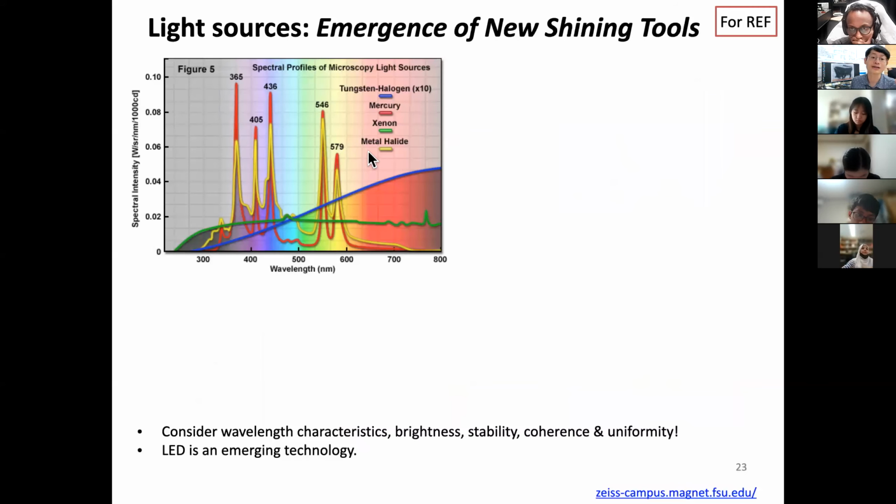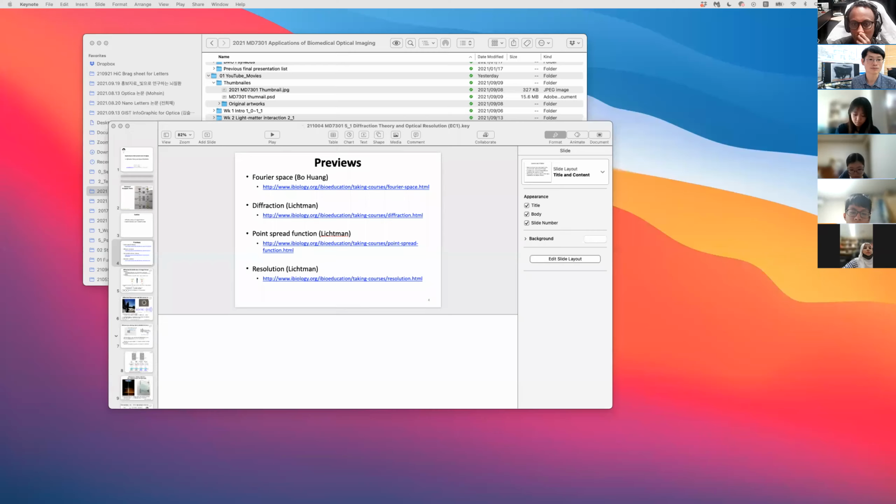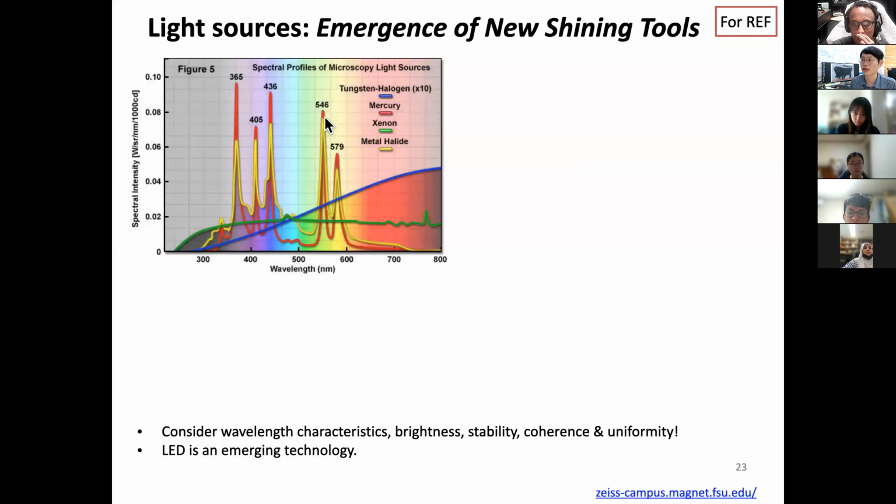So this picture shows what to choose. What's important is, on this color scale, the wavelength and spectral intensity. You can see the mercury lamp. The reason why the mercury lamp was very prevalent before is that you can see there are peaks here: 365, 405, 436, 546, 579.